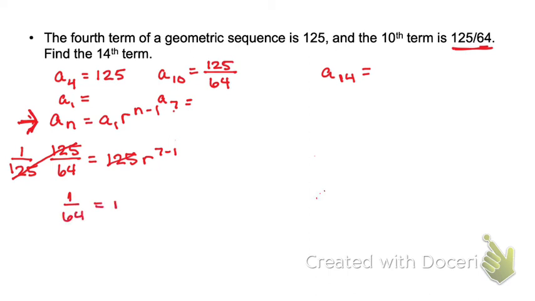So then I have r to the 6th. So I now have to take the 6th root. Well, the 6th root of 1 is 1. What's the 6th root of 64?